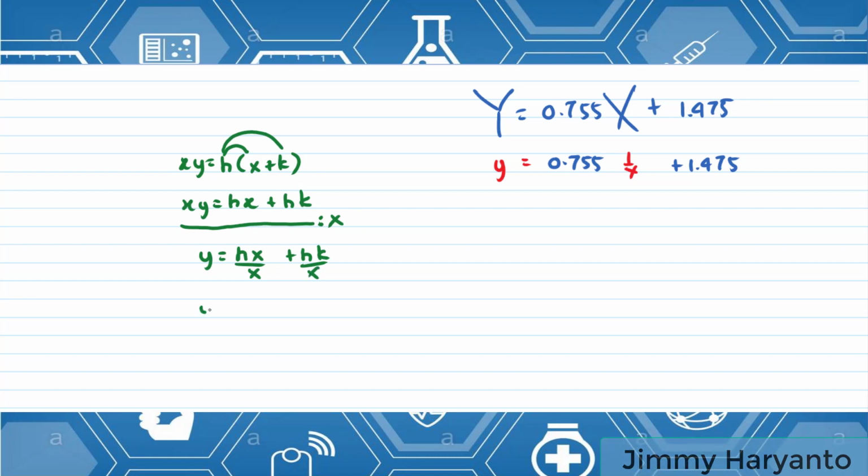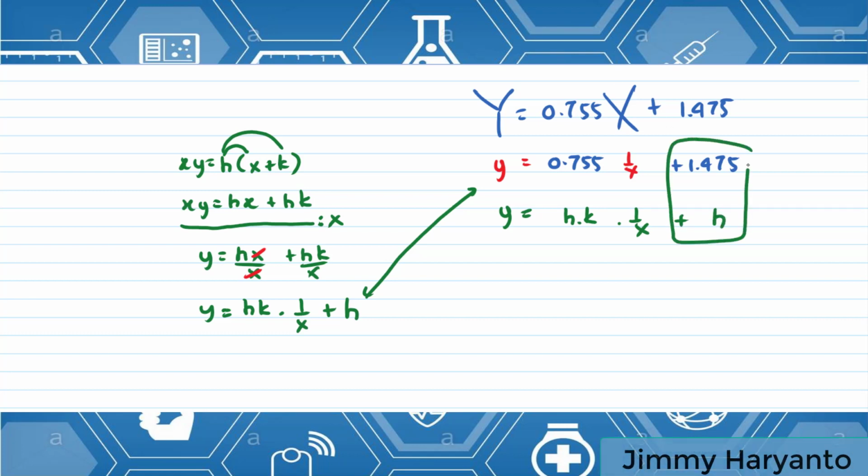So I can cross out this x, and then I will rearrange them properly. Hk over x, I can separate the 1 over x, into hk times 1 over x plus h. Do you get it? And then let's compare it with this one. I will write it one more time right here. So h times k times 1 over x plus h.